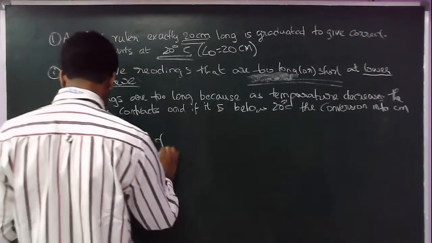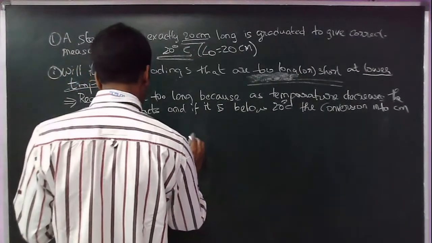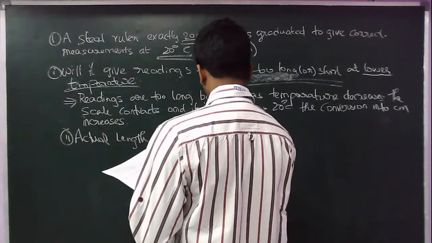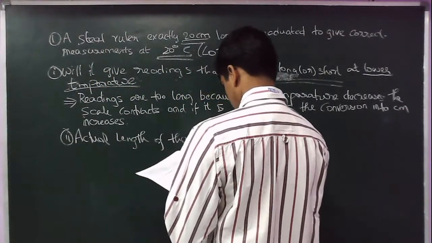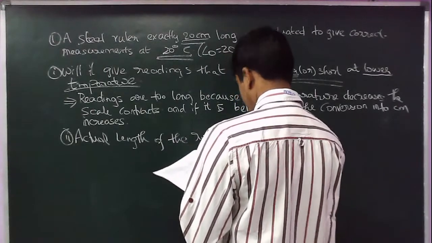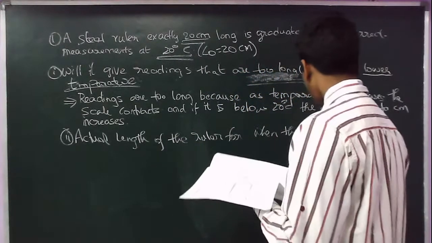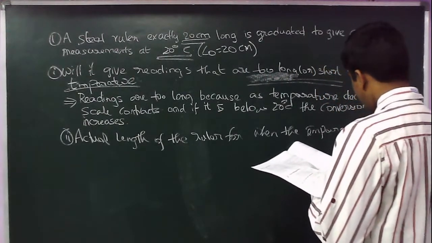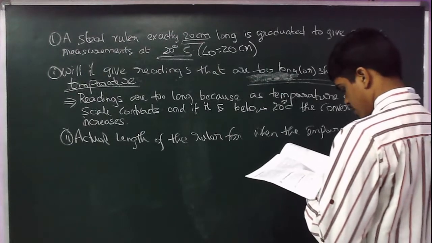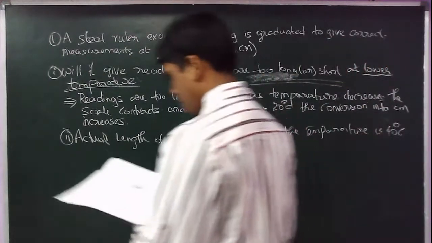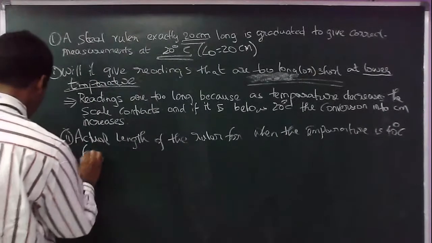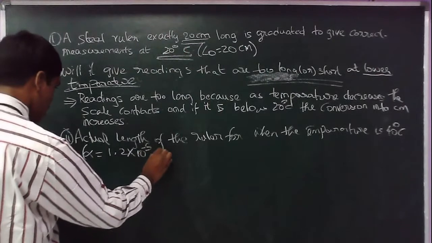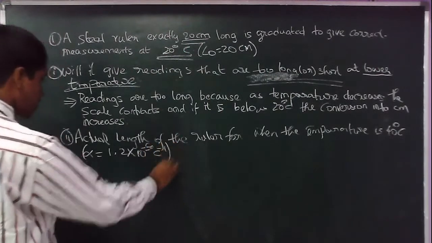You want to find out the actual length of the ruler for which the temperature is 40 degrees Celsius. Now alpha is 1.2 into 10 to the power of minus 5 per degree Celsius.